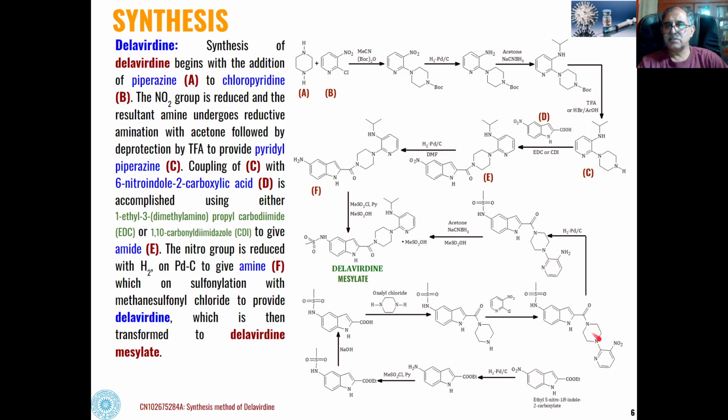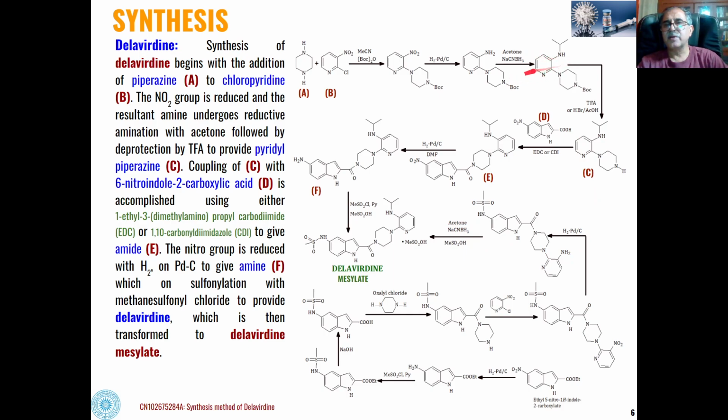And then this intermediate on reduction with hydrogen on palladium charcoal, this nitro group will be reduced to amino group, and then this will react with acetone and sodium cyanoborohydride.